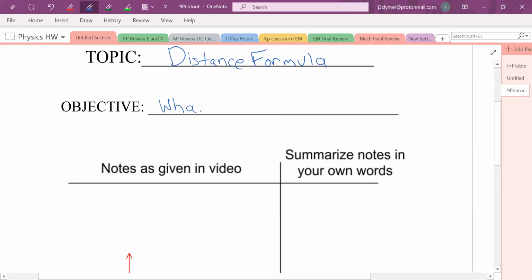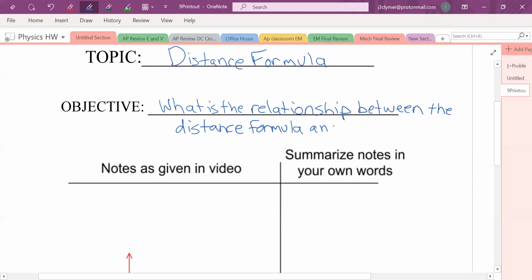What is the relationship between the distance formula and the Pythagorean theorem? I'm just going to abbreviate it there, Pythagorean theorem. So what we're hoping to accomplish is that we will understand the relationship between the distance formula and the Pythagorean theorem by the time we are done.